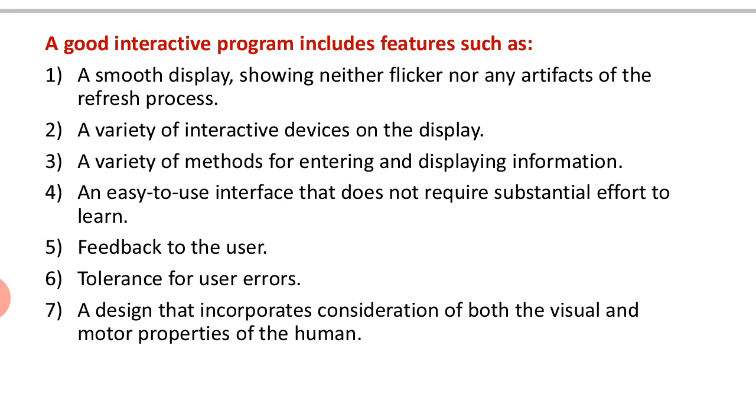And the third one is a variety of methods for entering and displaying the information. So I can enter the inputs in different ways, and my graphics output should also have the capability of displaying information in different ways. Normally, when you are watching a cricket match, you can observe that the analysis is done in so many different ways.